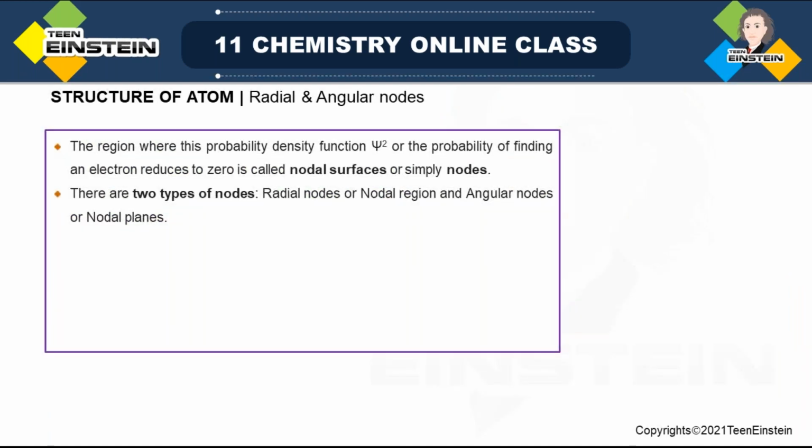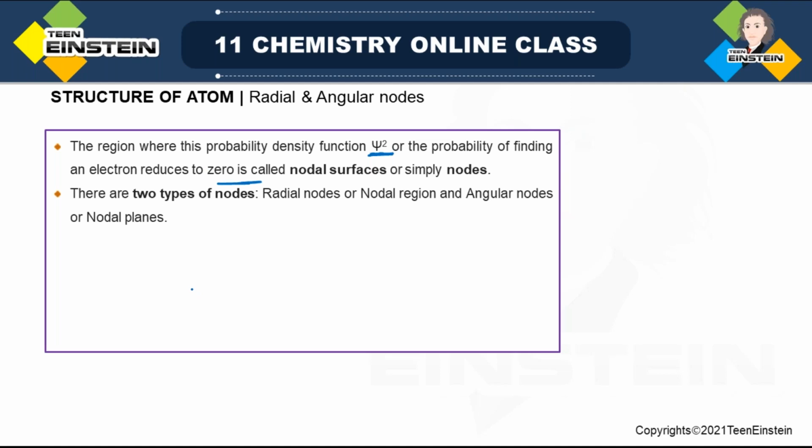Now we will see radial and angular nodes. You have already seen the radial nodes, and you also know which formula we use to understand how many radial nodes there will be. Nodes are basically the regions where the probability density function psi square, or you can say the probability of finding the electron, is 0, and that is called a nodal surface or simply nodes.